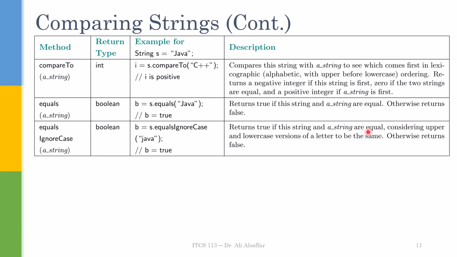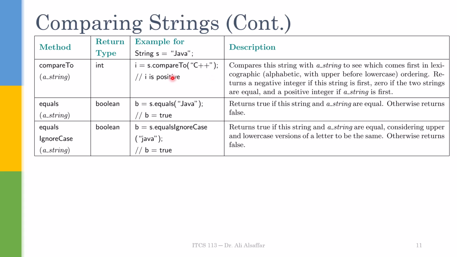If both of them in alphabetical ordering are the same, then we say that they are equal and the return value will be true, considering uppercase and lowercase letters to be the same. Otherwise it returns false. Now for compare to, it returns a number. When we compare two strings, we look at this number to see if it is negative, positive, or 0.